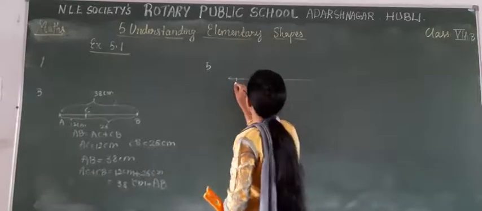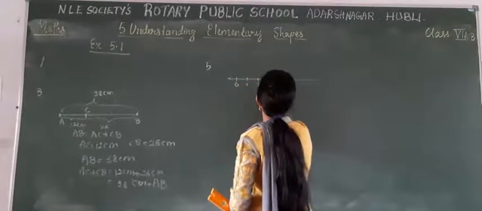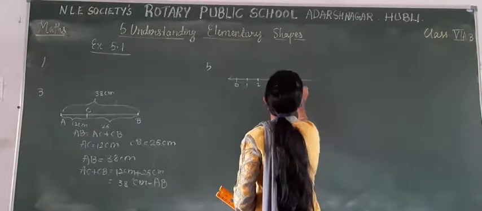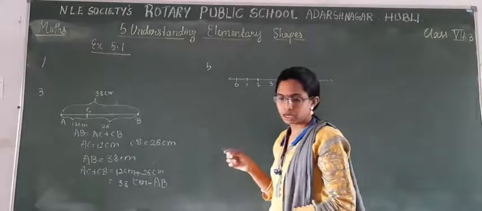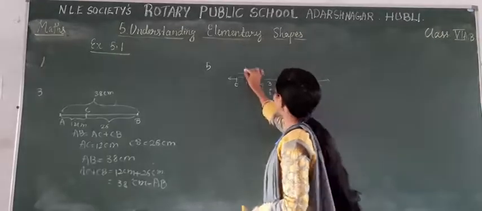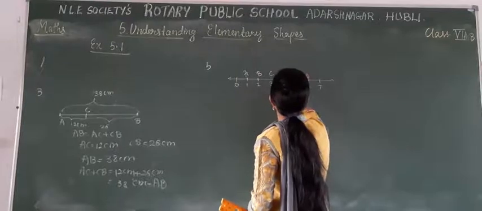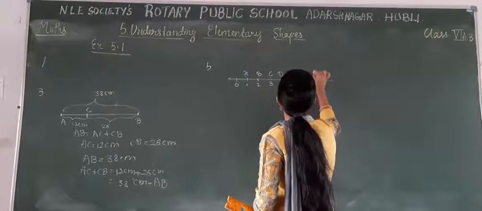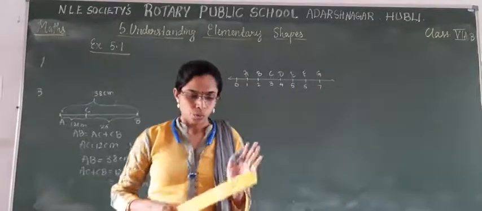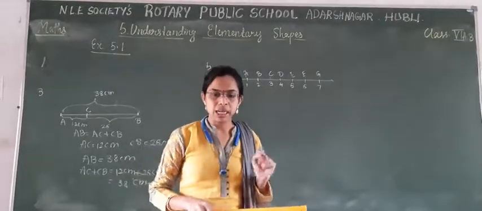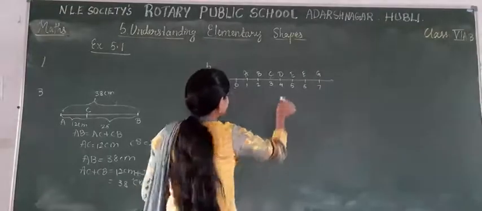Draw 0, 1, 2, 3, 4, 5, 6, say 7. And here the points lie A, B, C, D, E, F, G. So the question is, verify whether D is the midpoint of line AG. Where is D?